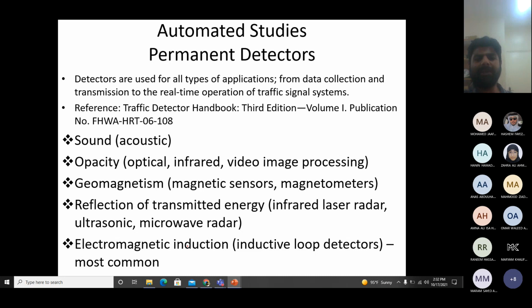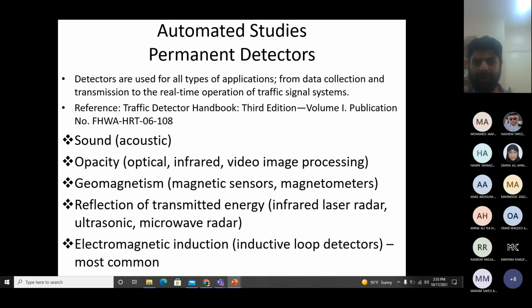Then we have geomagnetic detectors, which work on magnetic fields. There are magnetic sensors and magnetometers provided in this system, and you create a small magnetic field around the road, nothing to disturb the flow. Whenever a car passes, the magnetic field is disturbed, and the count is recorded.